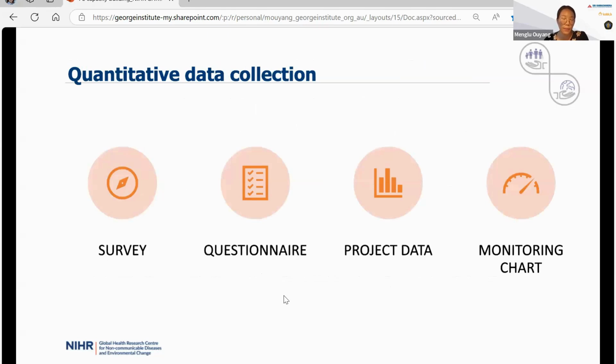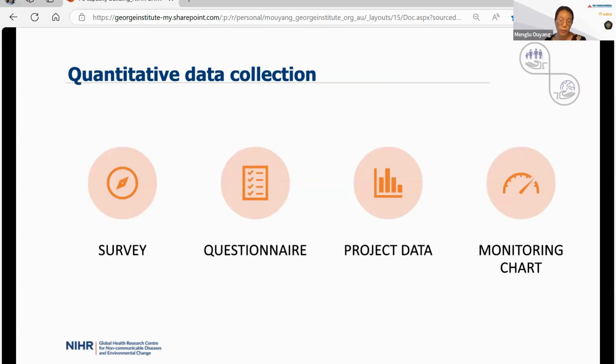So in terms of the data sources for the quantitative data collection, usually in the process evaluation, we use these 4 types of quantitative data. First of all is the survey, which probably you're quite familiar with. It can be developed from previous valid measurement tools, or it also can be developed from your interviews.